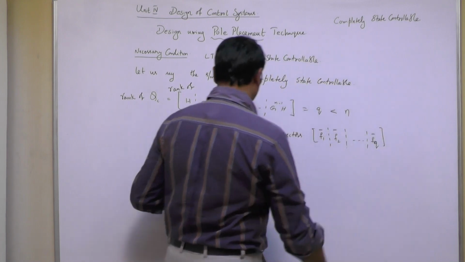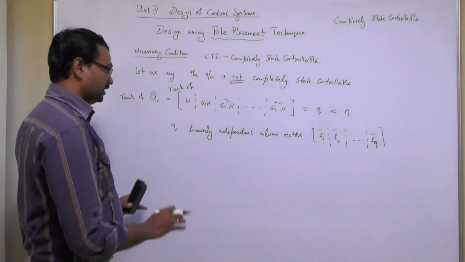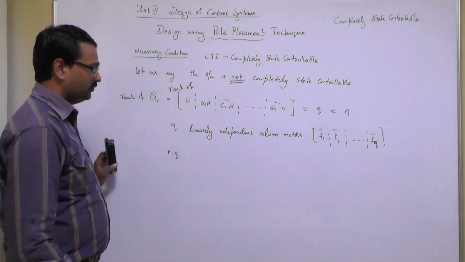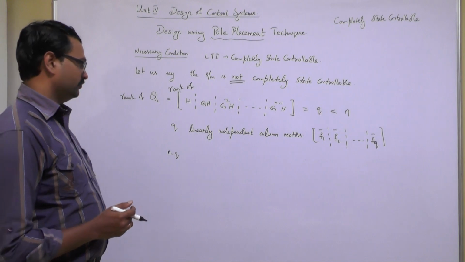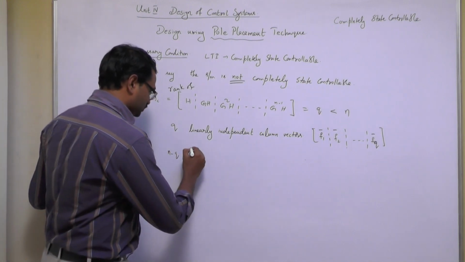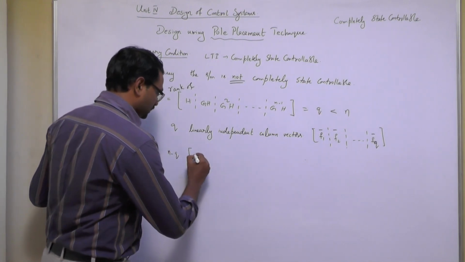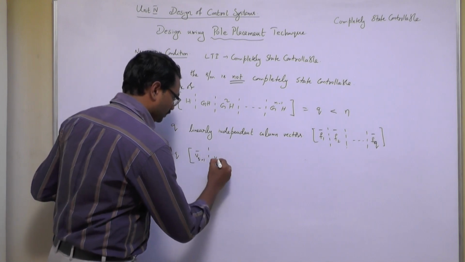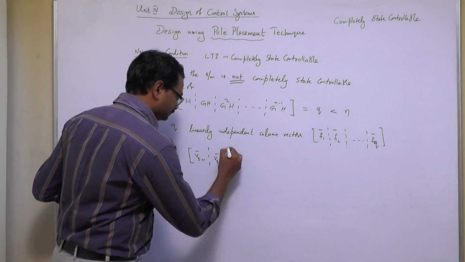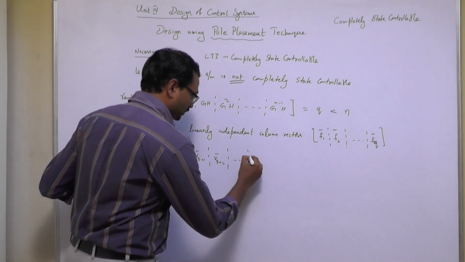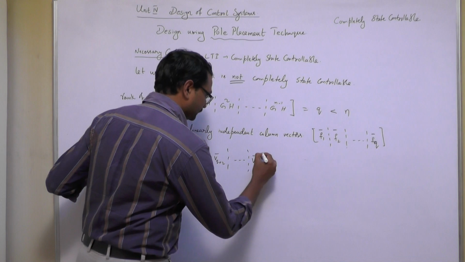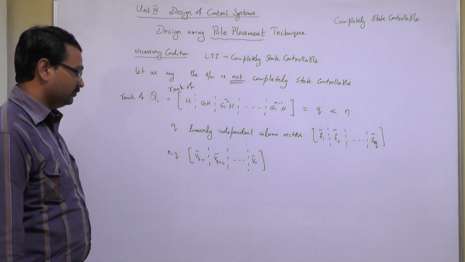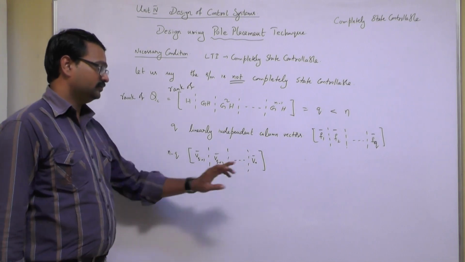The remaining n minus q column vectors are linearly dependent, and let us choose them to be vectors Vq plus 1 bar, Vq plus 2 bar, and so on. They are vectors, that is why I am putting a bar sign there.